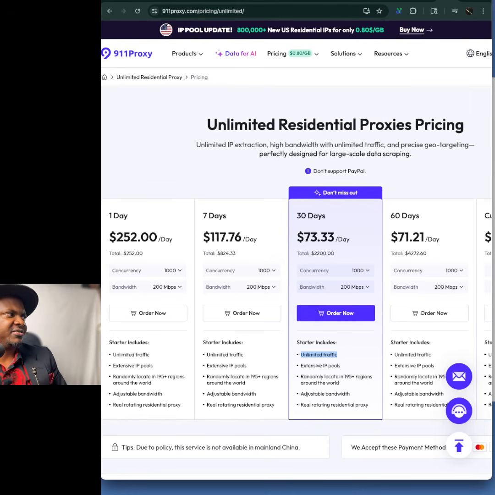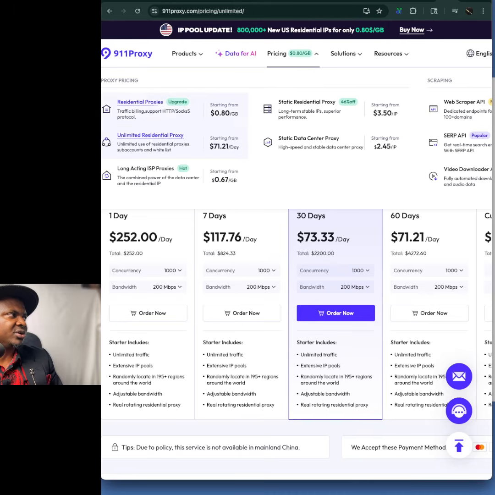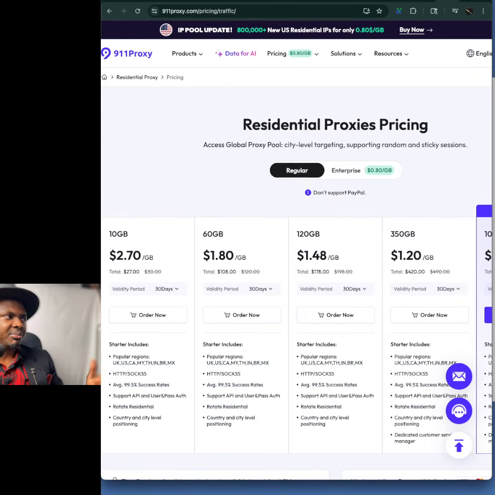And so if I decide to get unlimited IPs a day, I pay $252. Now, I either go with this option or I go with the option where I pay per gig. As this tutorial goes on, I'm going to show you why you should never buy the gig. You're better off looking for a group of people who have purchased the unlimited bandwidth and merge up with them.